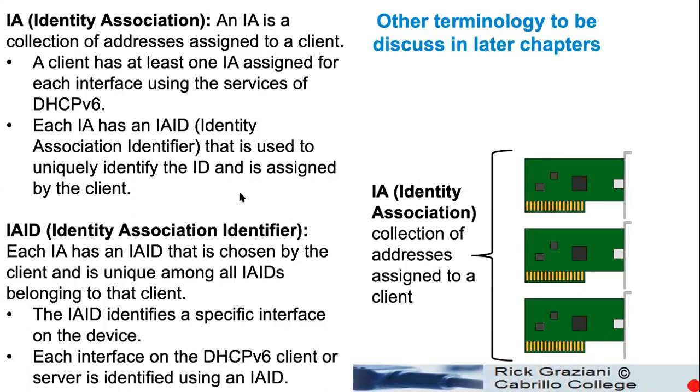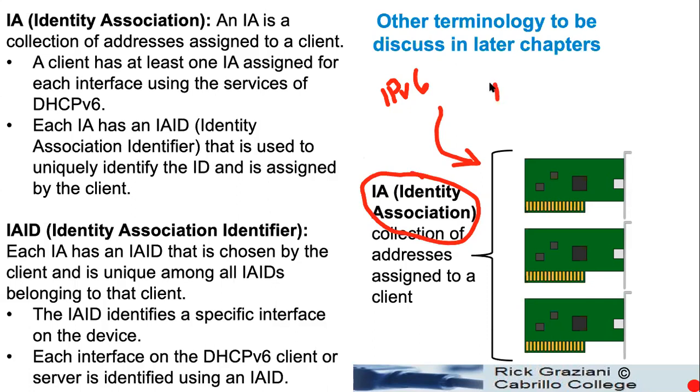But we'll see this later with DHCPv6. This is how a DHCPv6 server, a stateful server, knows which device, when it allocates an IPv6 address to a device, how does it maintain who got that address? And it does that by these identity associations, which are part of the DUID.